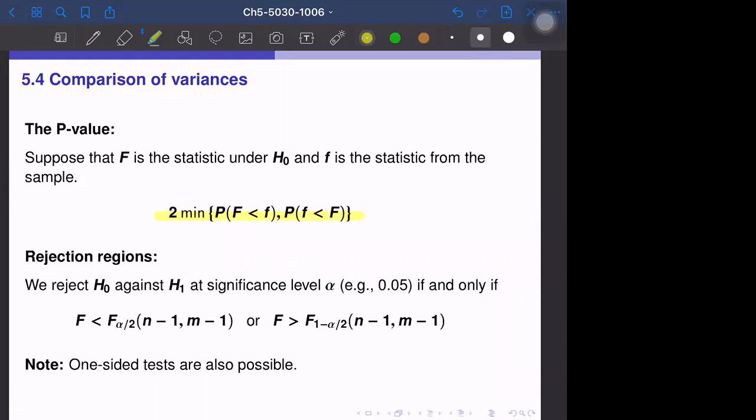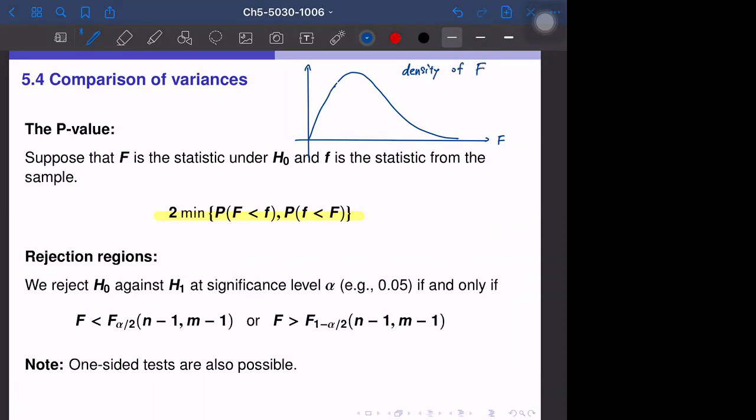This is a little bit unintuitive, so let us explain with a graph. Basically, we have the F distribution here. This is the density function of the F distribution with degrees of freedom n-1, m-1.